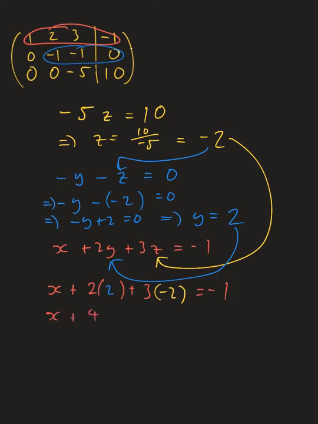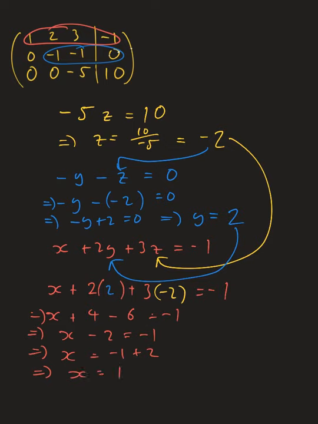Or x plus 4 minus 6 is equal to minus 1, which implies that x minus 2 is equal to minus 1. x is equal to minus 1 plus 2, which implies that x is equal to 1.